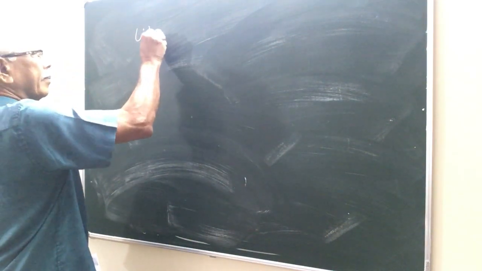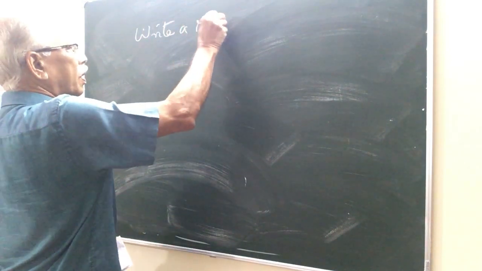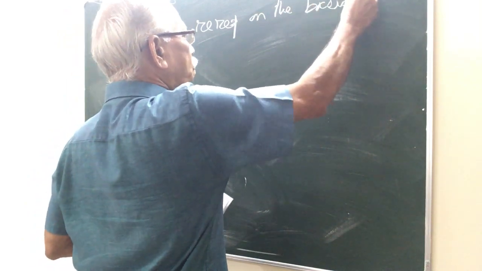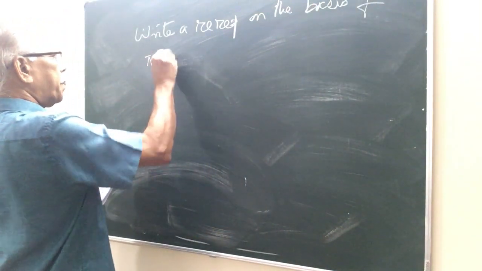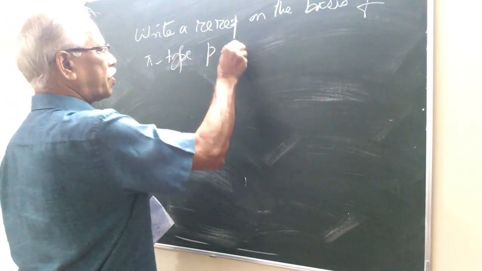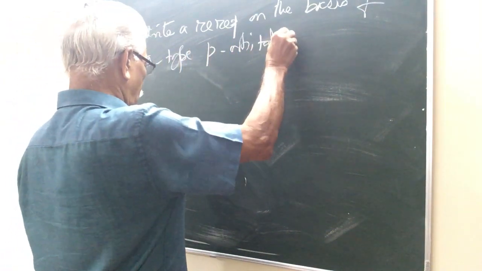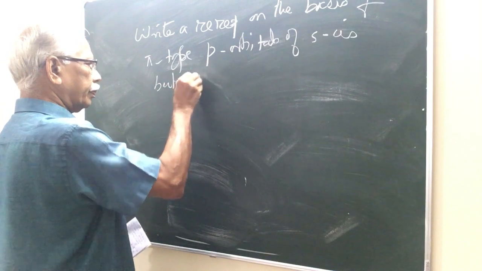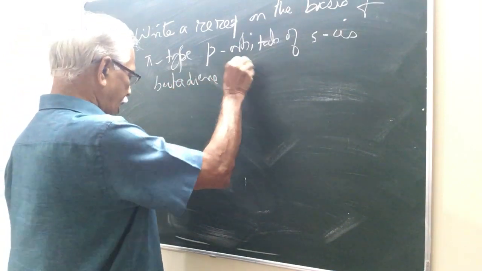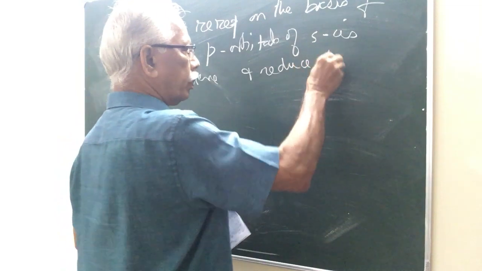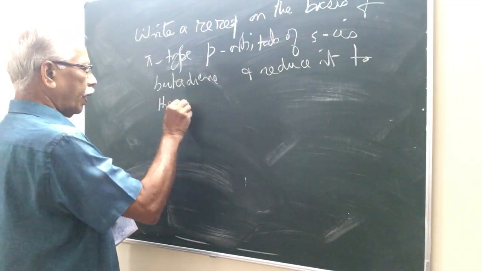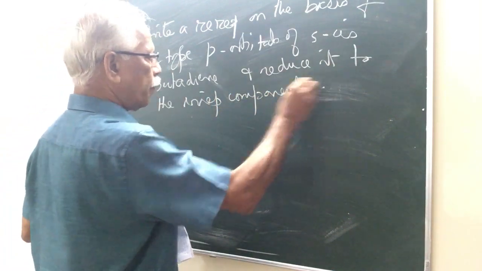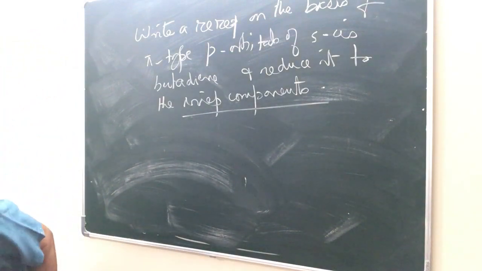Write a reducible representation on the basis of pi-type p orbitals of S-cis butadiene and reduce it to the irreducible components. Suppose such a question comes. How will you work it out?